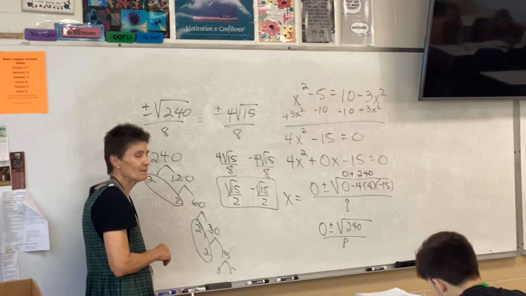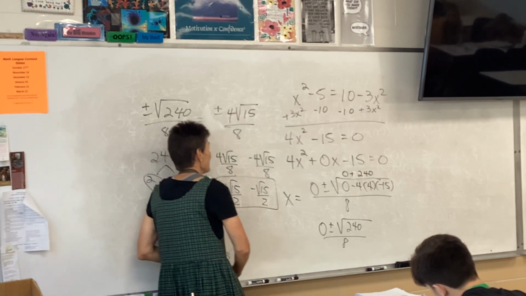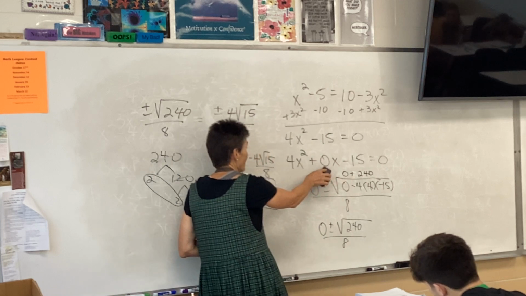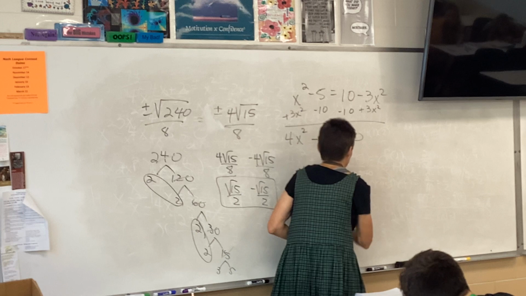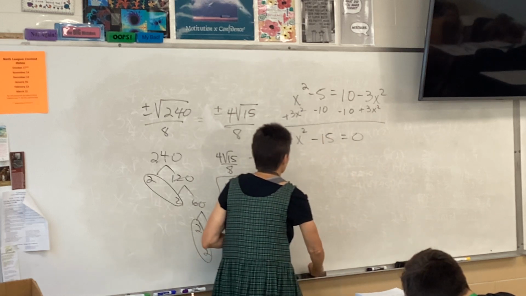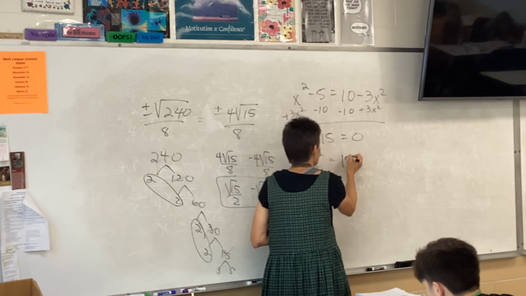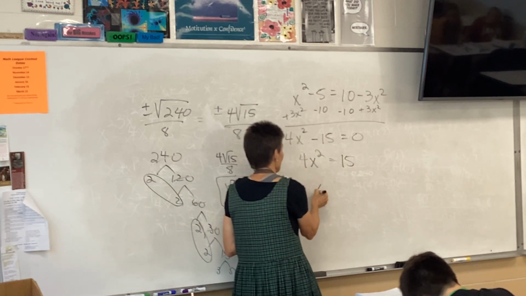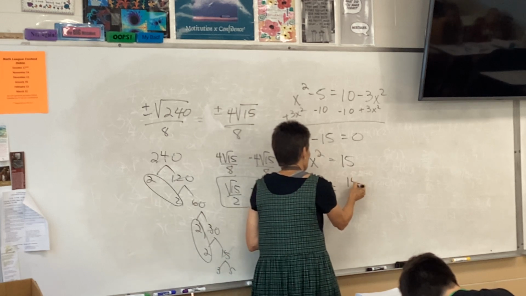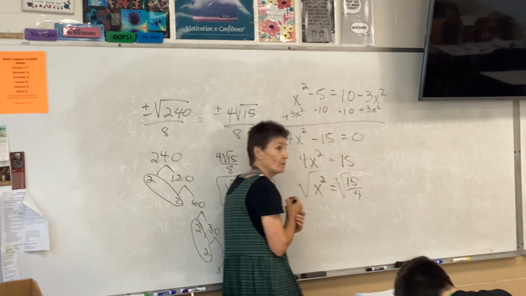Did anybody have a different idea? Well, I'm going to show you something. When that B term, you recognize right off the bat, my B term is 0. When your B term is 0, I think we talked about this before, you are allowed to move the C term, the constant, over, get x squared by itself, and then square root.